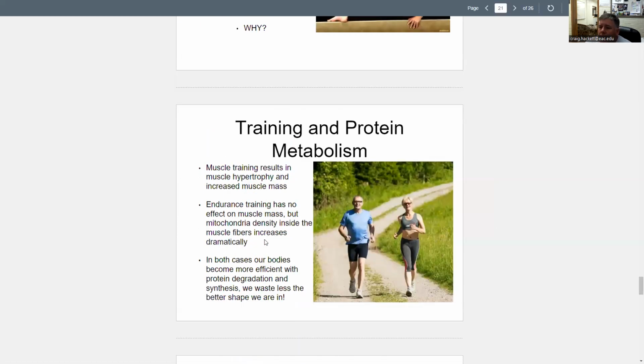So training and protein metabolism, once again, muscle training results in hypertrophy, which can increase muscle mass. But once again, endurance training doesn't have a huge effect on this. But we do increase mitochondria and muscle fiber density and things like that. So your protein, you're going to still need to eat it.